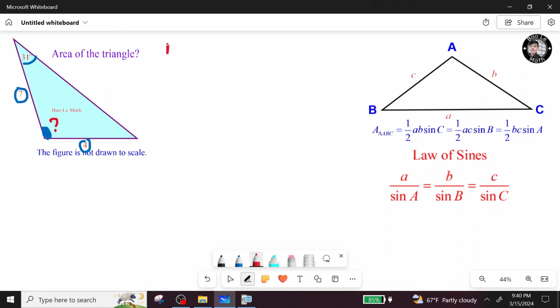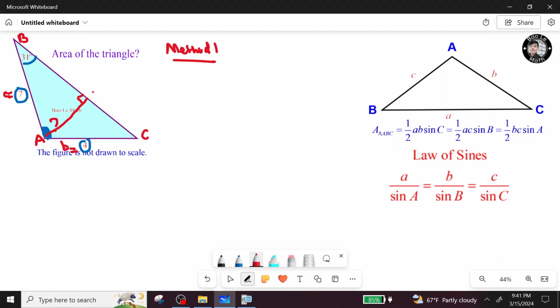Method number one. I draw the altitude right here. This is angle A, angle B, angle C. Opposite to B is little b, and opposite to C is little c.